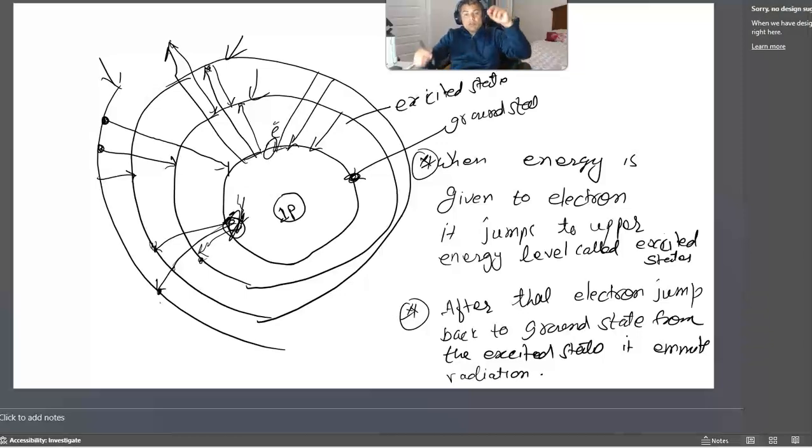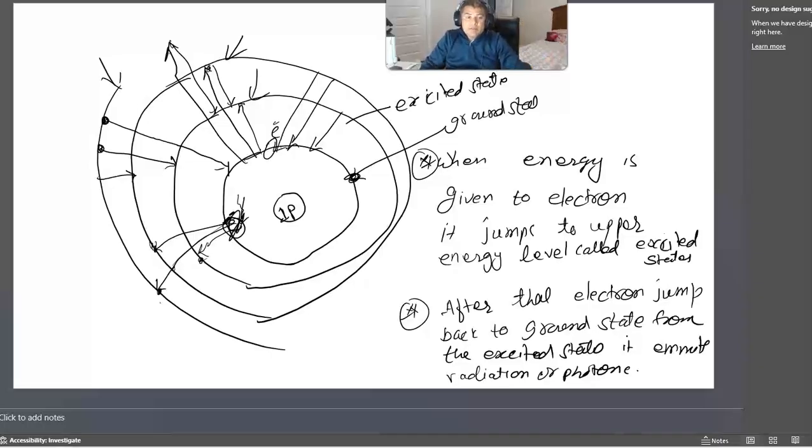Whatever energy it has taken previously to jump up, when it jumps back, it will radiate out in the form of a photon. This will give the hydrogen atom spectrum.